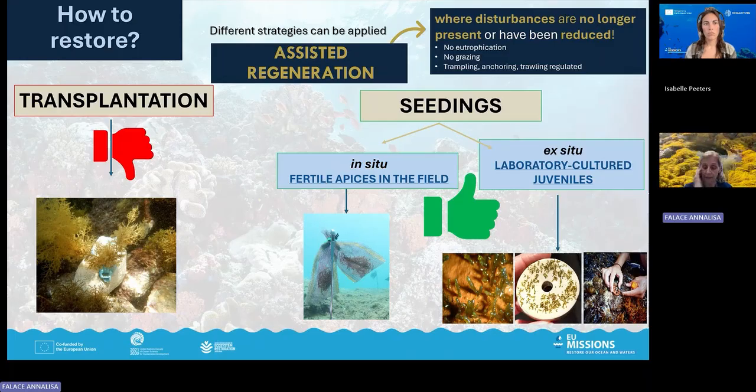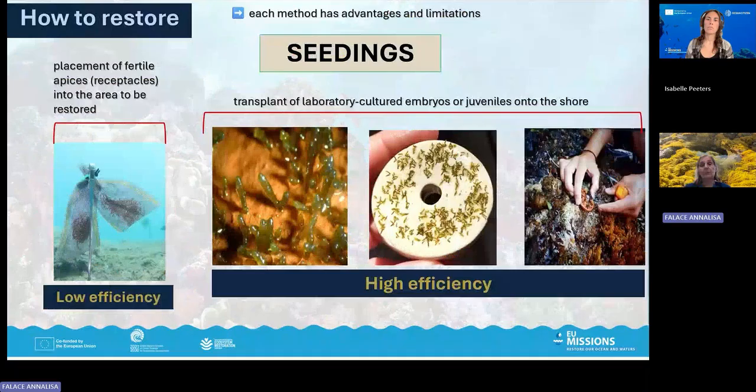Obviously, this is not a good way to restore, because all these species are now endangered, so we cannot collect adults from the surviving populations, and we have developed new methods such as, for example, in situ and ex situ seeding. Both methods have different advantages and limitations.